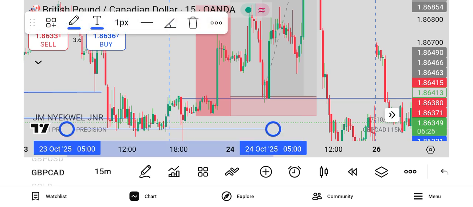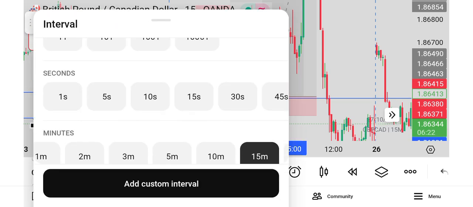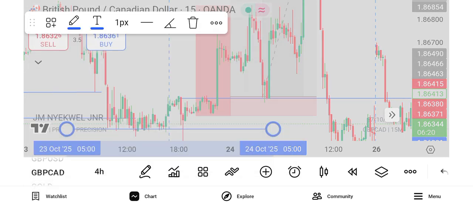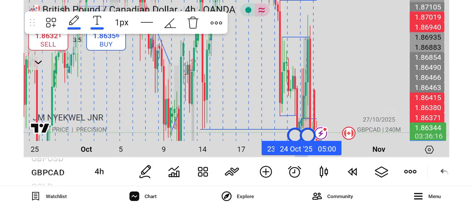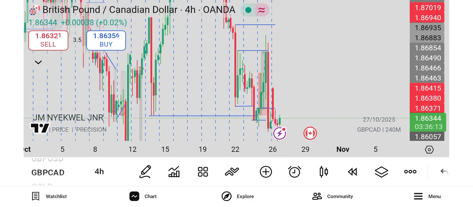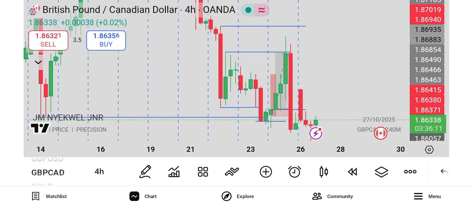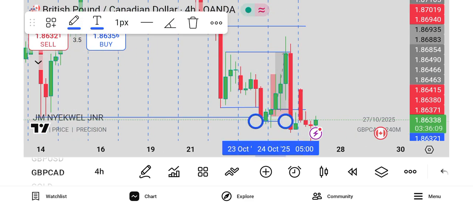This one for our rejection block. Let's see again. So for rejection block down there.